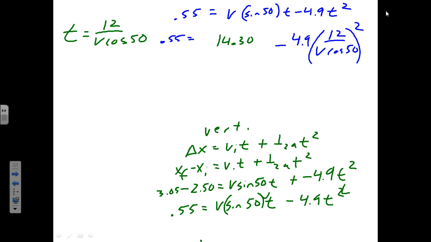Going to do some squaring over here to simplify this. So let's square 12, get 144. Square the v. And then just write cosine 50 squared. That way we can get rid of these parentheses and that squared term right there.